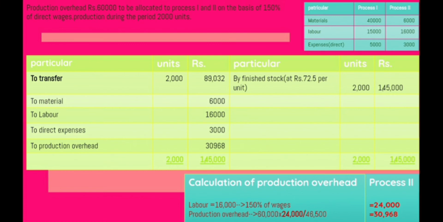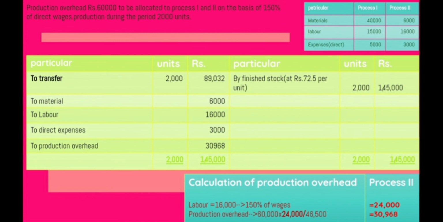Similarly, to transfer from process 1 account, units 2,000, the balancing figure amount 89,032 we have to enter. Then as usual we have to write to material 6,000, to labor 16,000 on the debit side, to direct expenses 3,000 on the debit side. Here also we have to find the production overhead.